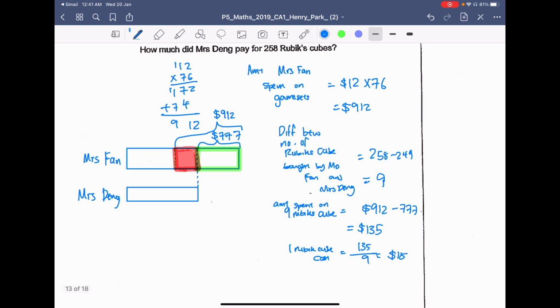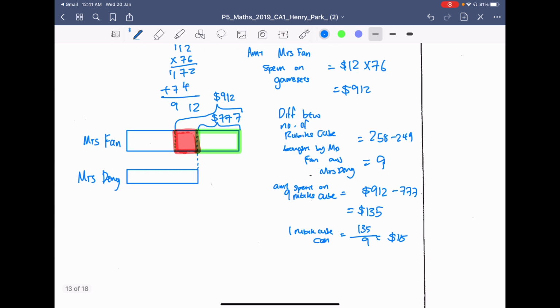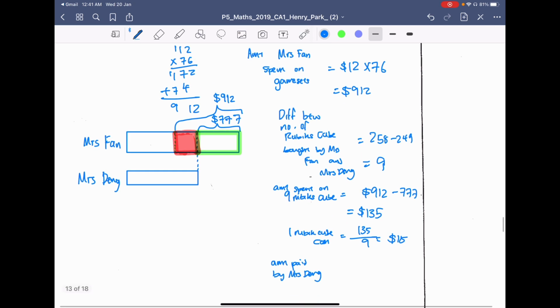How much did Mrs. Deng pay for 258 Rubik's Cubes? Amount paid by Mrs. Deng for 258 Rubik's Cubes equals 15 times 258.